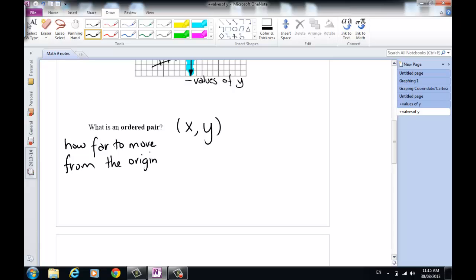The x value is in regards to horizontal movement, so how many units either to the right or the left. And the y is talking about the y values, so the vertical movement. So how many units up or down?